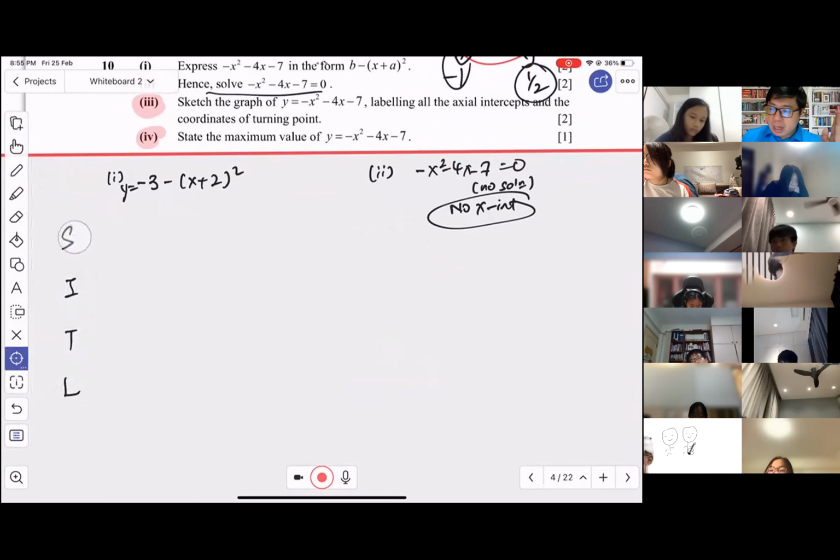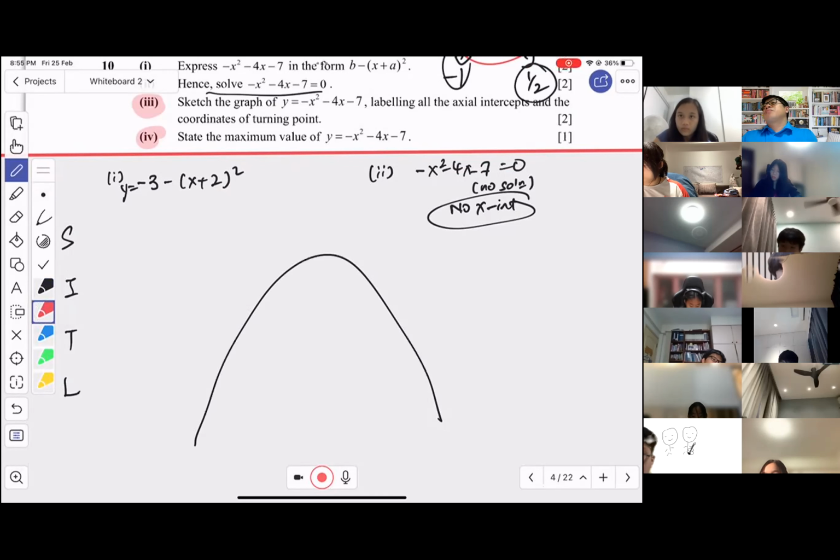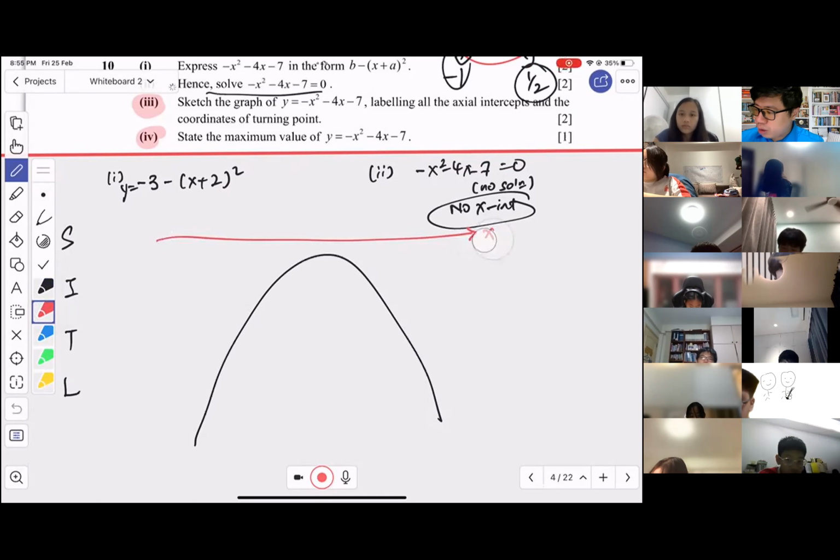S for shape: it is a sad face because the coefficient is negative. I for intercept: it has no x-intercept. What it tells you is that the x-axis is on top, so the graph cannot touch it.